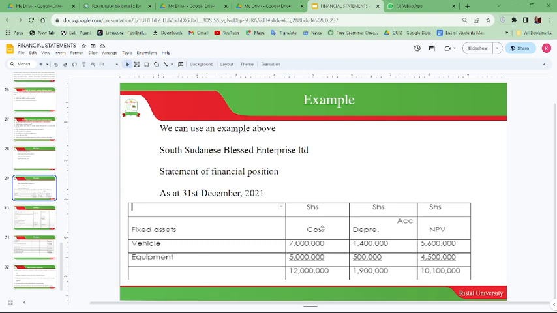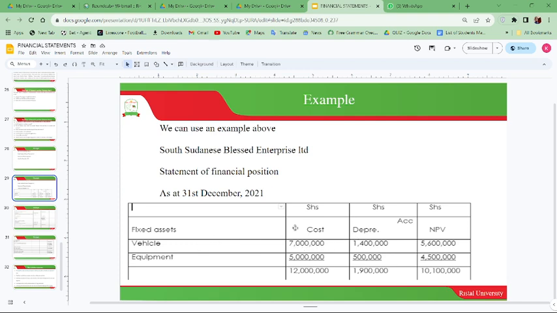So this is the way we calculate the fixed assets. We have 3 columns: shillings, shillings, shillings. We have the cost, we have the depreciation, and we have the net book value.